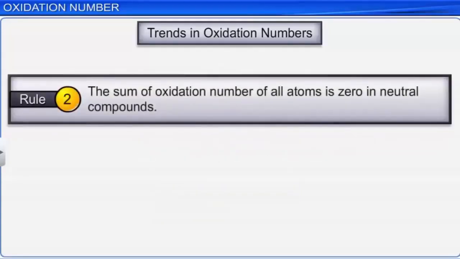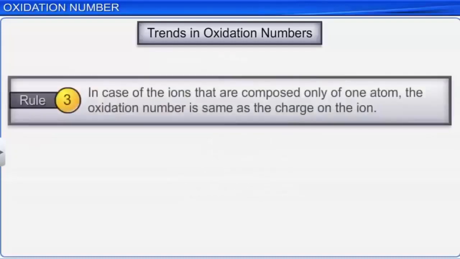The second rule is that in neutral compounds, the sum of oxidation numbers of all atoms is 0. For example, in H2O, the sum of oxidation numbers of hydrogen and oxygen atoms is 0. The third rule is that in the case of ions composed of only one atom, the oxidation number is the same as the charge on the ion.